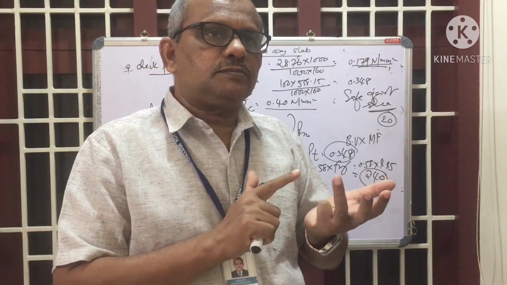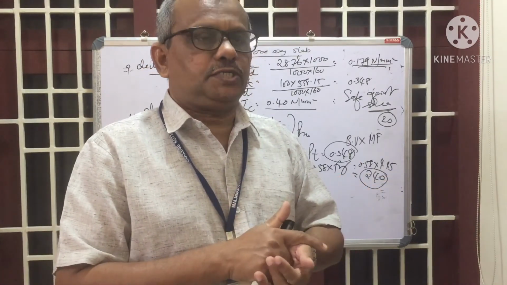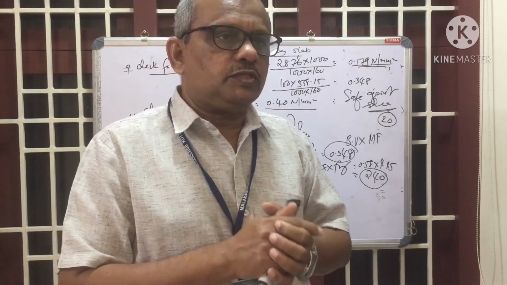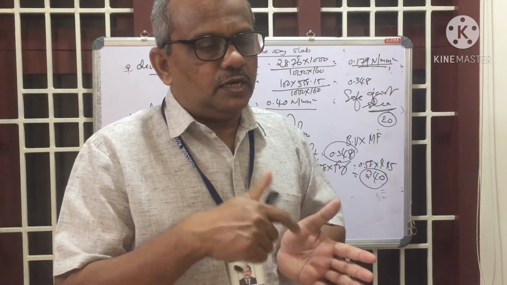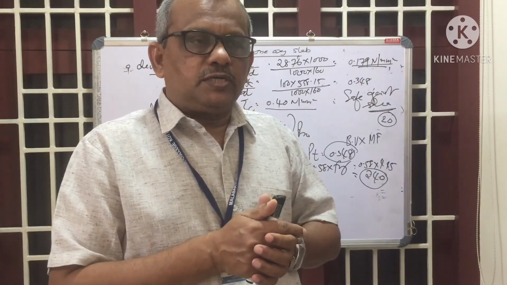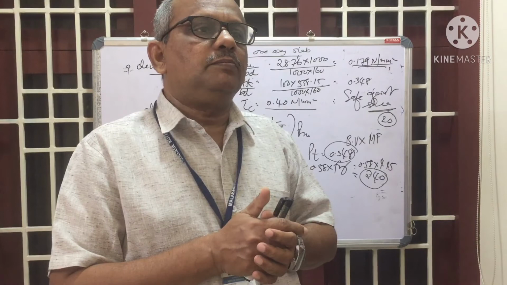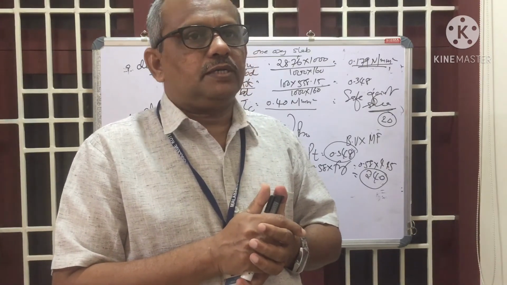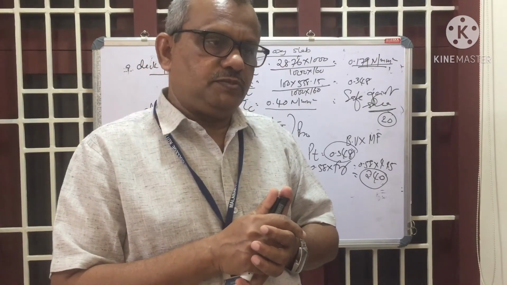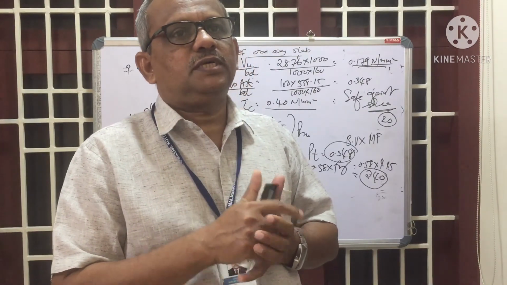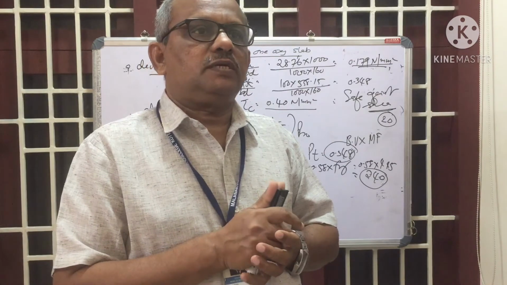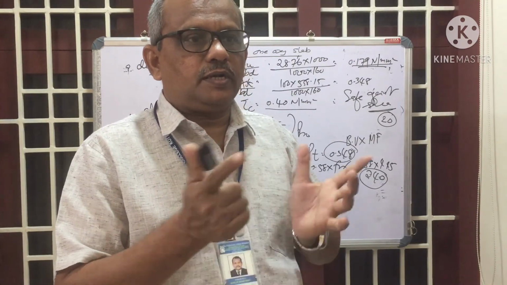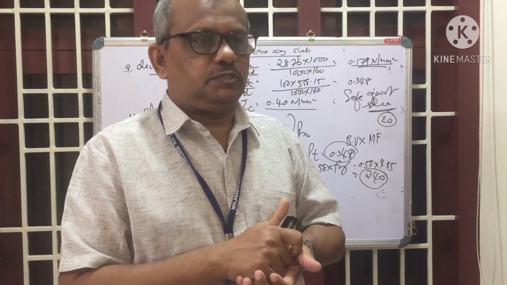Then the calculation of the loads. The loads include dead load, live load and floor finish. Add these three and find the factored load by multiplying with 1.5. After calculating the factored load, calculate the maximum bending moment and maximum shear force. Once you obtain these, the next step is to check the effective depth required and compare it with the effective depth you assumed.